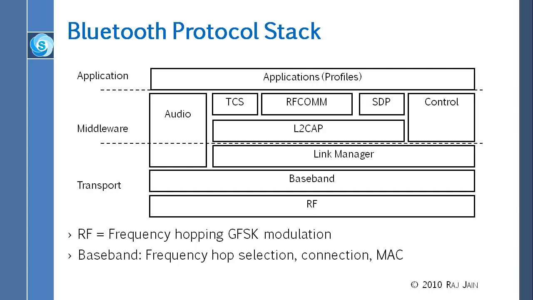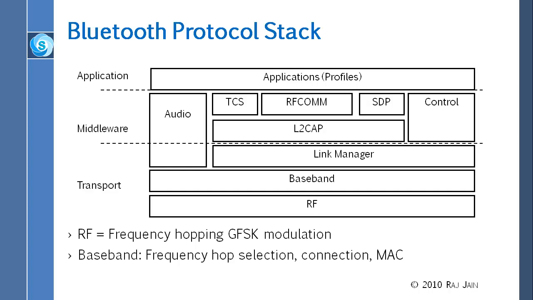Now basically the key is that this is a frequency shift keying. Frequency shift keying means that we use one frequency for 0, another frequency for 1. So if you want to send 101010, we will send one frequency for 1 bit time, change the frequency for another bit time, and so on and so forth. Gaussian is basically a filtering after that.